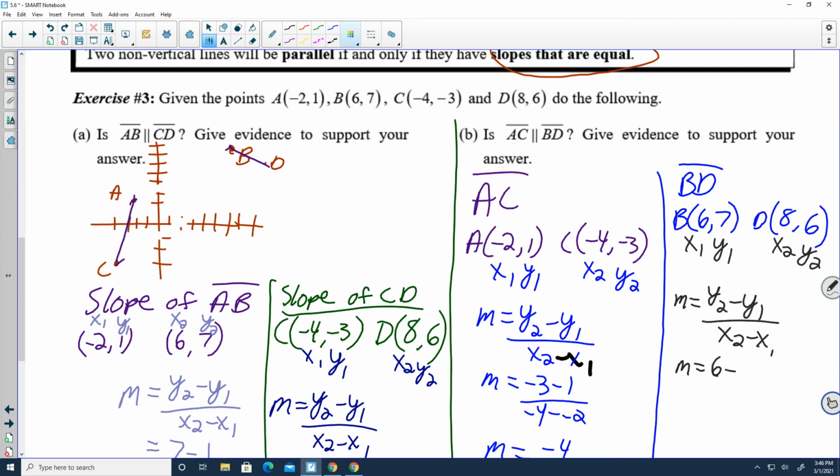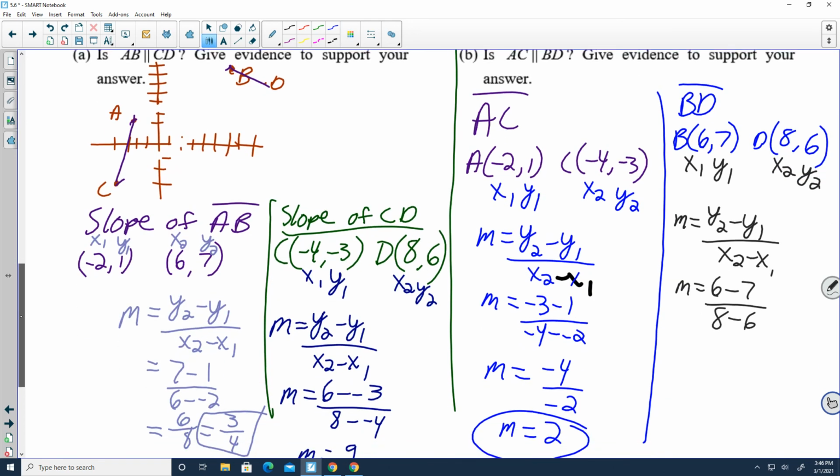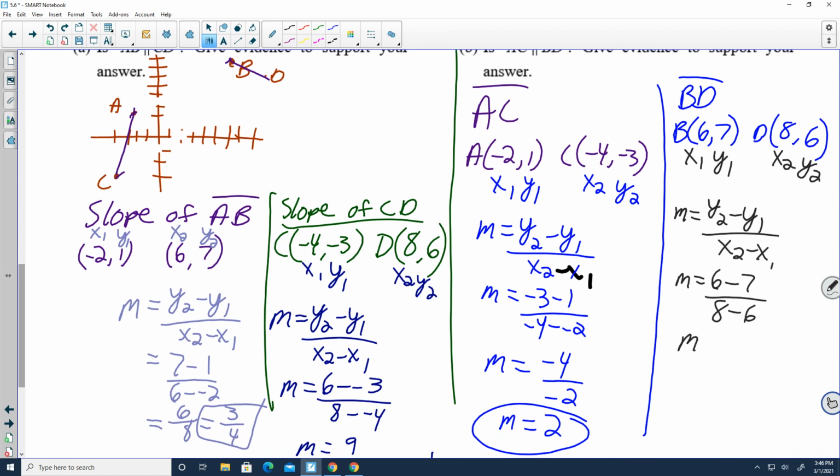Y2 is 6, minus Y1 is 7. X2 is 8, minus X1 is 6. On the top, we have -1. The bottom, we have 2. Okay? So the slope of these guys is -1/2.